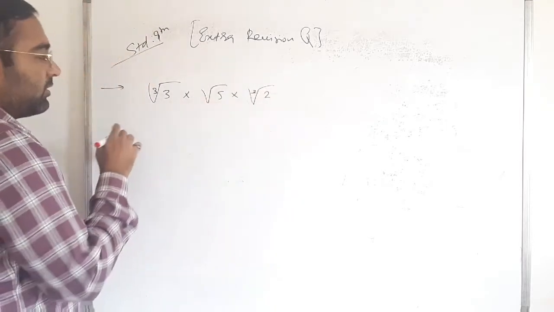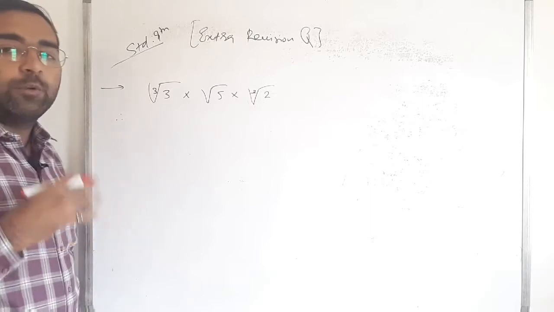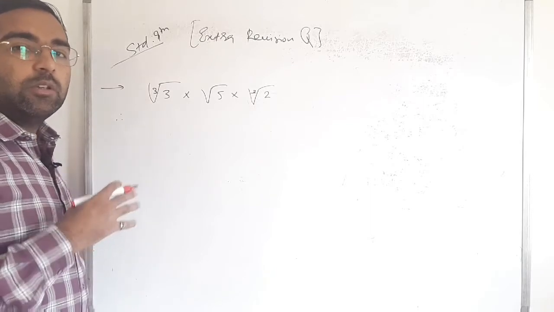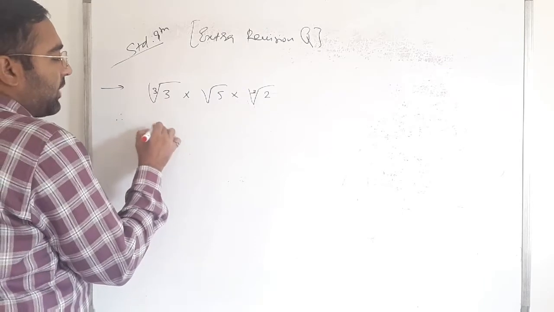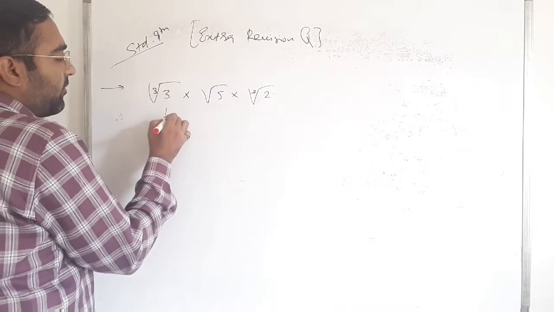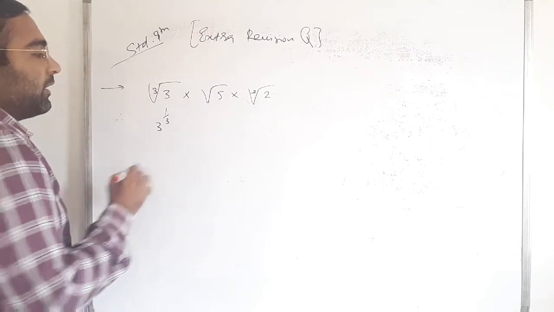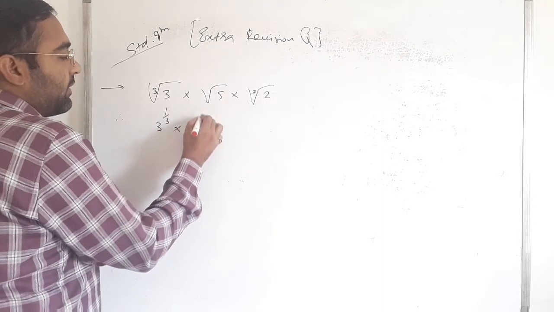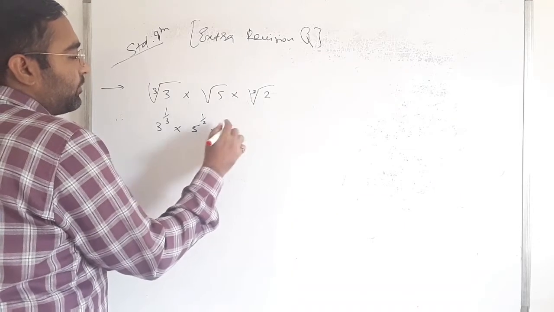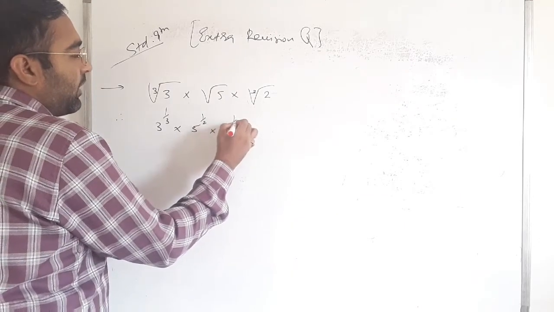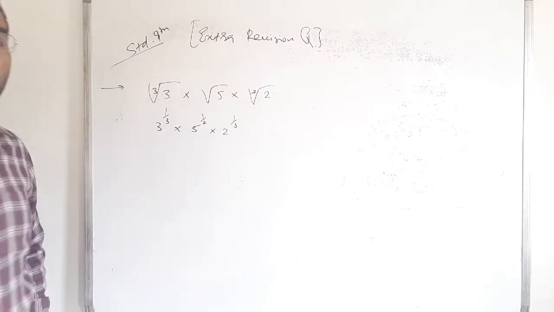So students, first of all we have to convert all of this into the same power. Here I'll take 3 raised to 1 upon 3, into 5 raised to 1 upon 2, into 2 raised to 1 upon 3. Clear?